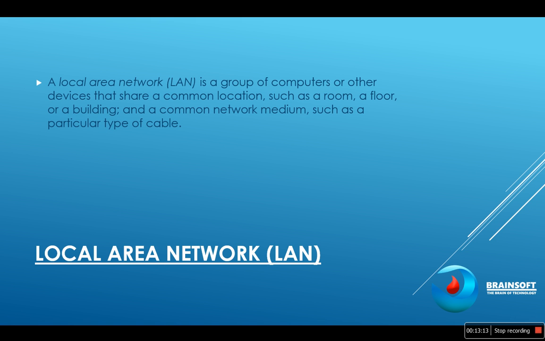So you can have a full building, and all computers are connected together. That can be a LAN. A floor, first floor connected together is a LAN. A classroom connected is a LAN. Your room connected is a LAN. When these places are networked, we call it LAN.